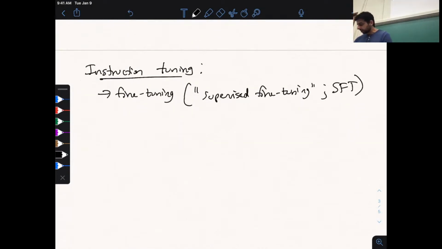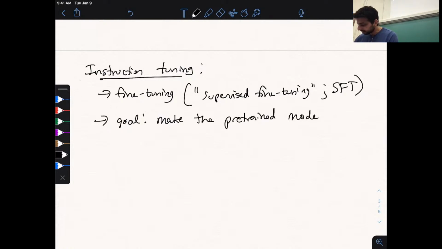All right, so our goal is to make the pre-trained model more capable of following instructions.